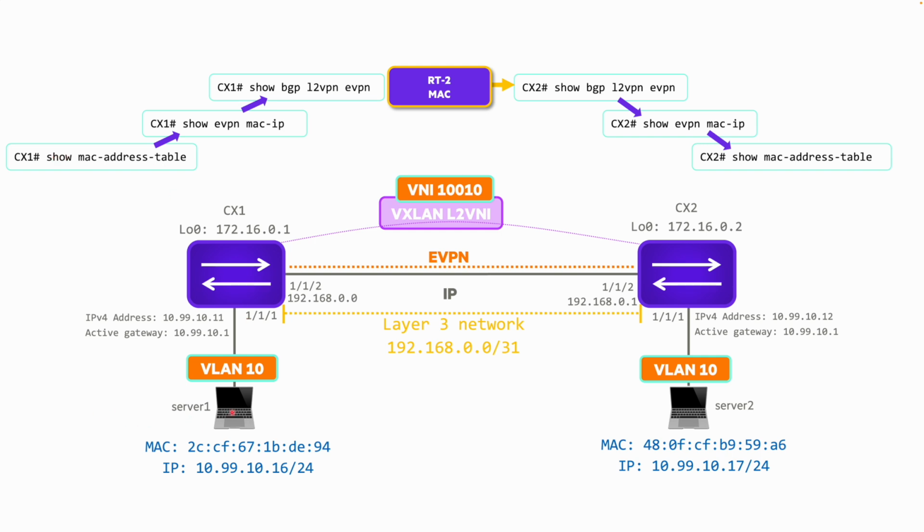And if I was doing a ping, side note, you can't use the active gateway to really test whether you can get across the VXLAN EVPN network here, because the active gateway is the same locally and remotely. So that doesn't really give us very much. That's why I've got the different SVIs in VLAN 10. So I've got .11 here and .12 here.